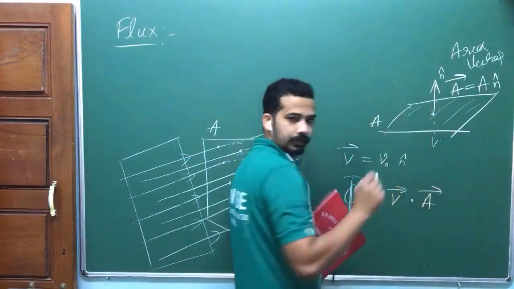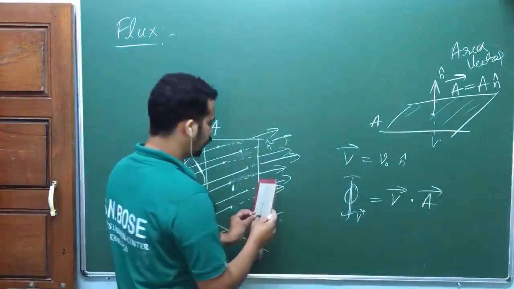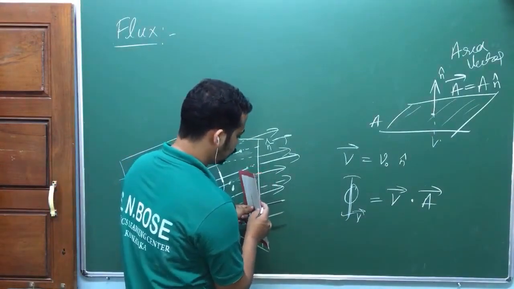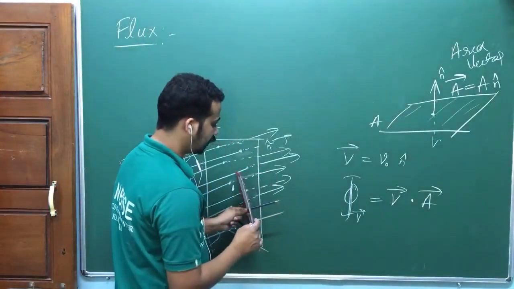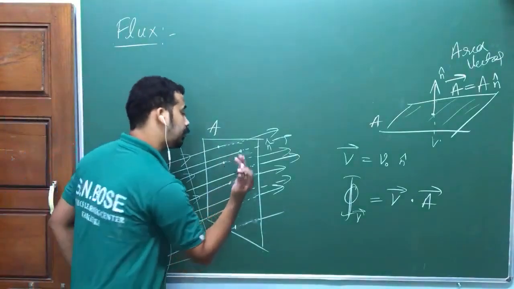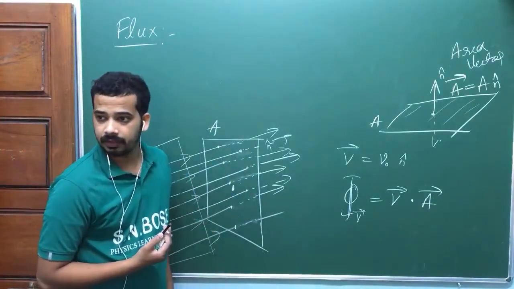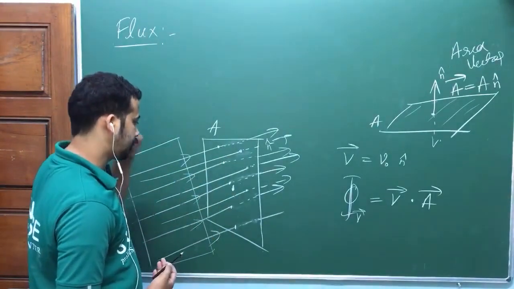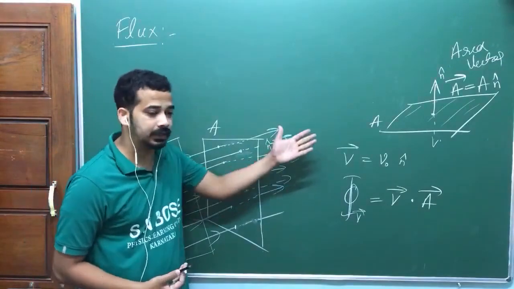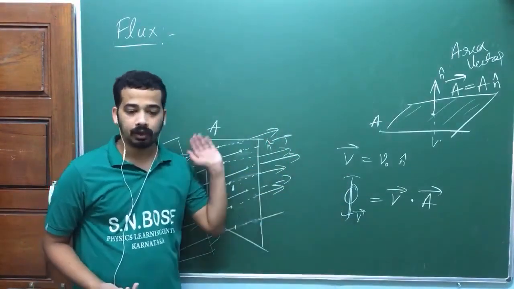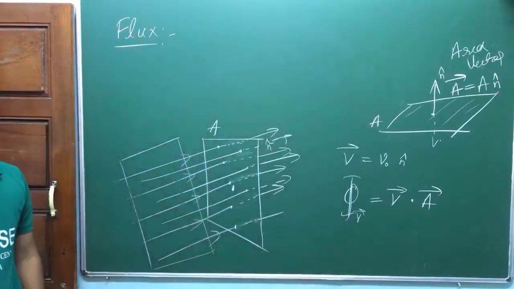So I'm going to take the area vector like this, parallel to the vector field, when the plane is perpendicular to the vector field. In that case, the dot product is maximum, or the number of field lines passing through that area is maximum.